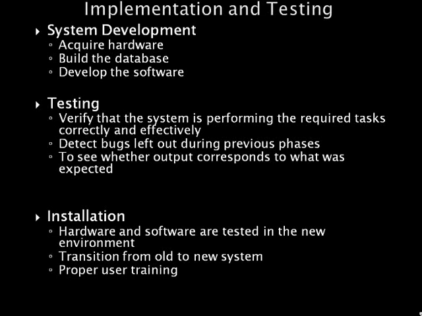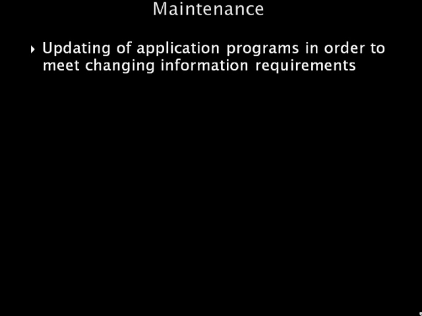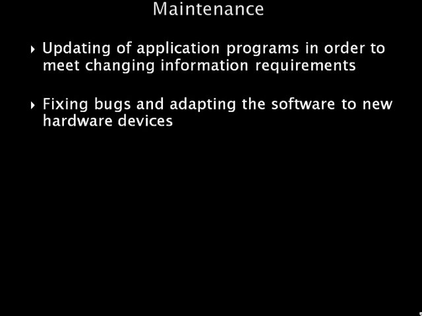Maintenance. Software or program maintenance is the updating of application programs in order to meet changing information requirements, such as adding new functions and changing data formats. It also includes fixing bugs and adapting the software to new hardware devices.